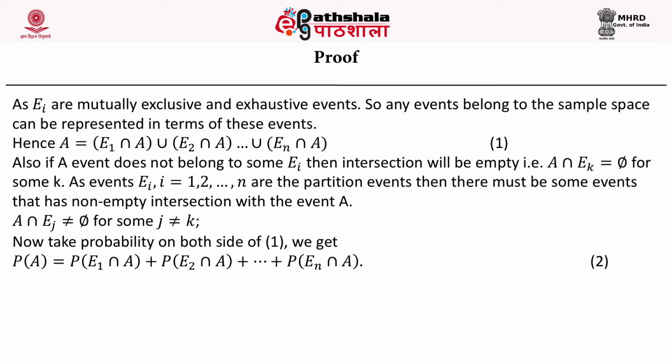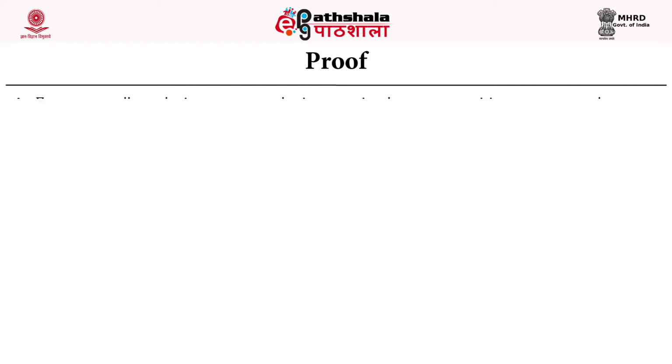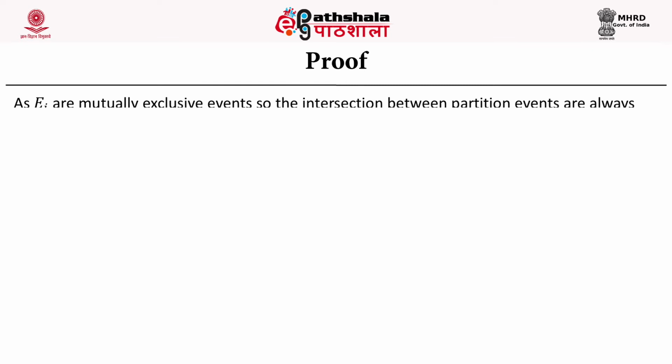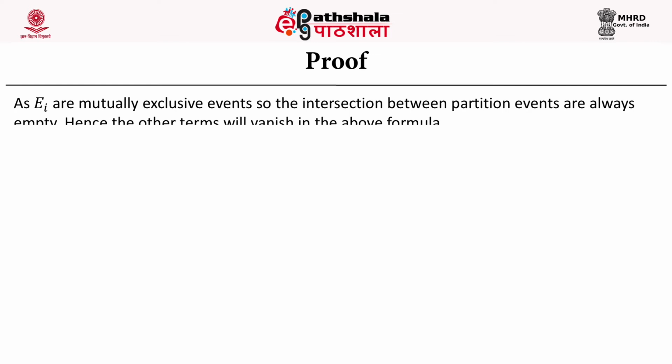Now take probability on both sides of 1. We get probability of A is equal to probability of E1 intersection A plus probability of E2 intersection A, and so on, probability of En intersection A. As the Ei are mutually exclusive events, the intersection between partition events is always empty. Hence the other terms will vanish in the above formula.